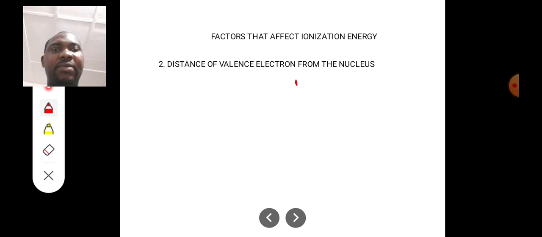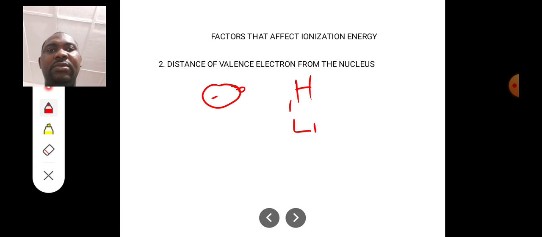Take an example. Look at hydrogen, for example. Group 1 element. Hydrogen has one shell, so that means a nucleus at the center, then just one electron. Something like lithium: lithium has two shells, so it has the nucleus inside here, and the valence electron is somewhere out.